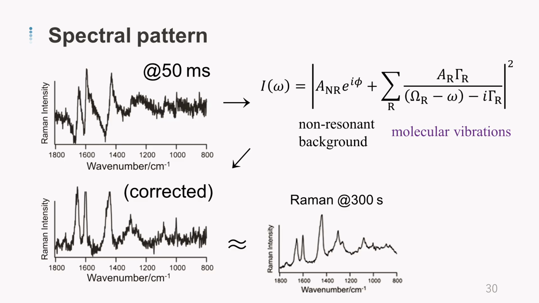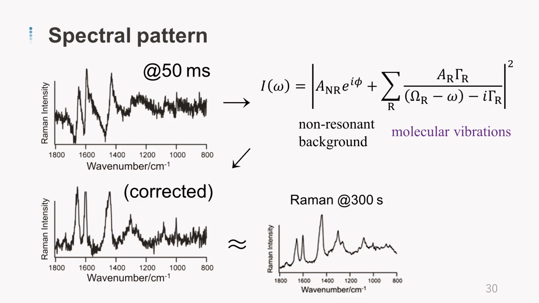It's because intensity is obtained as a consequence of interference between the non-resonant background and molecular vibration. Okay, so some additional effect.